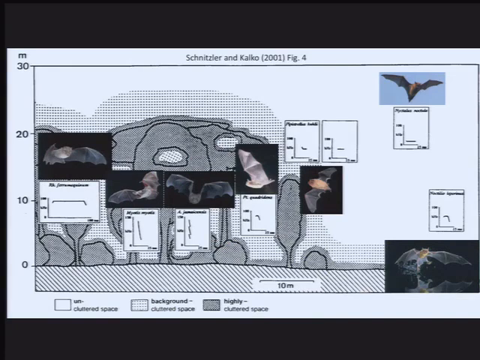So here's a plot of some different kinds of bats alongside the places where they live. And the bats, except for this bat on the very far left, the ones that live in the cluttered areas tend to call with frequency sweeps. The ones that live in open spaces tend to call with more constant frequency. And ones that live on the boundaries can also change their calls so that they can accommodate either the forest or the open space.